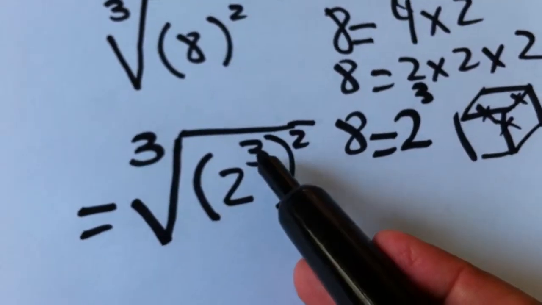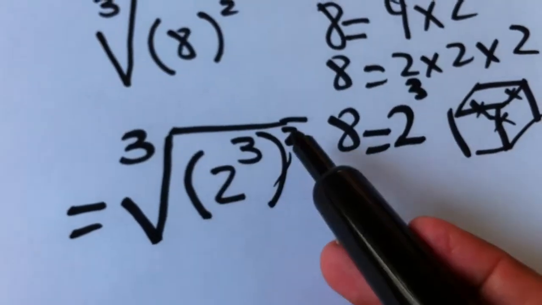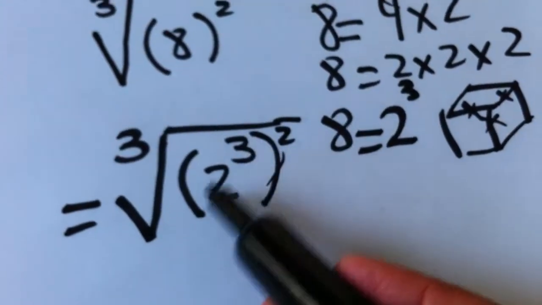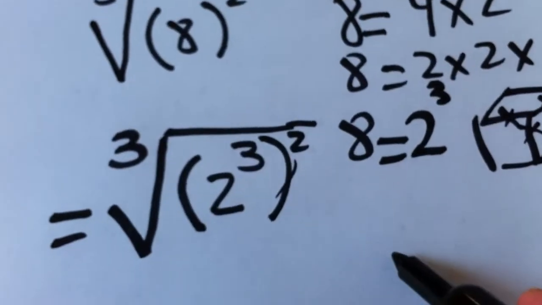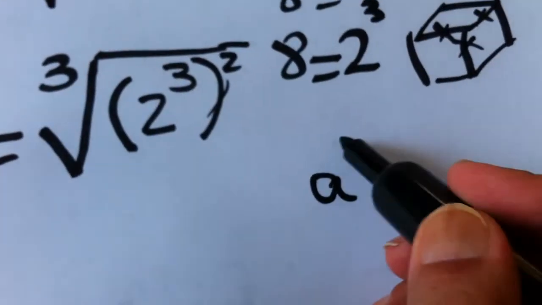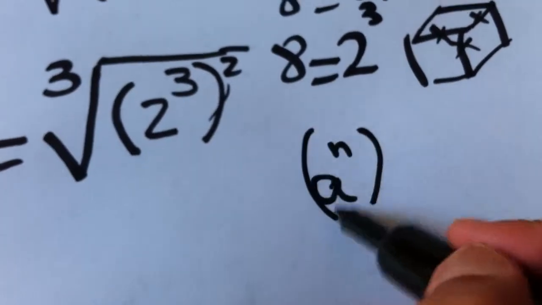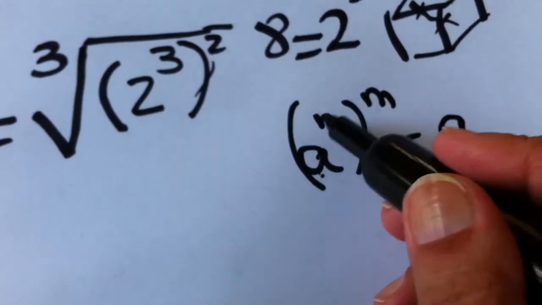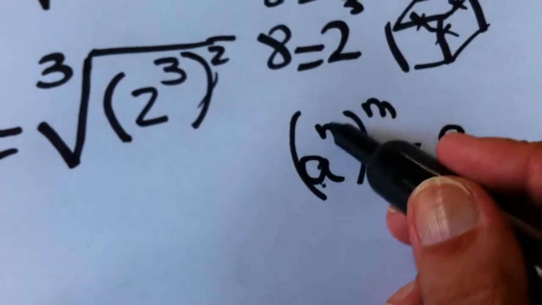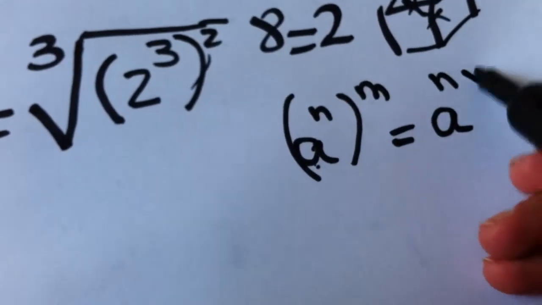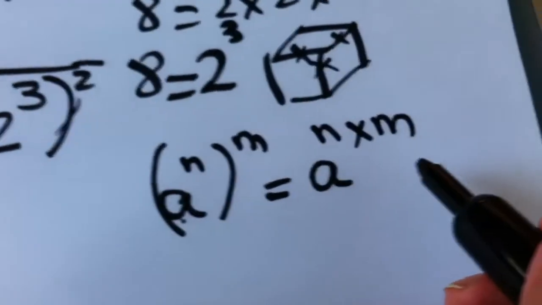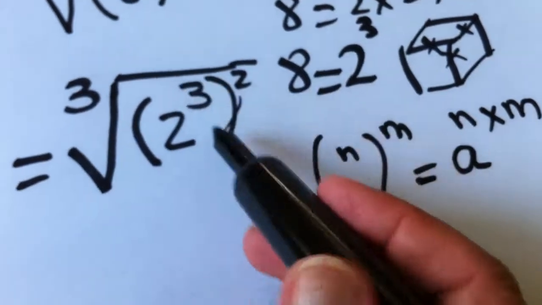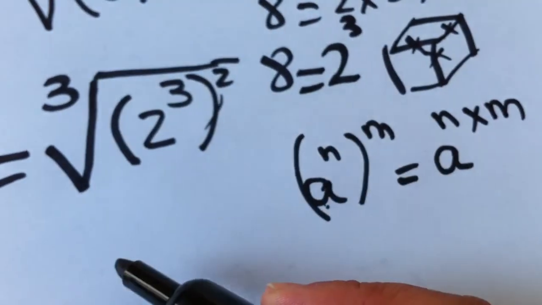So 2 to the third power, again, squared. If you remember your facts about powers, a base a to the power n, brought to the power of m, we can simplify as the base a, and then we multiply the two powers together. It's the same thing here. We have 2 cubed and everything is raised to the second power.